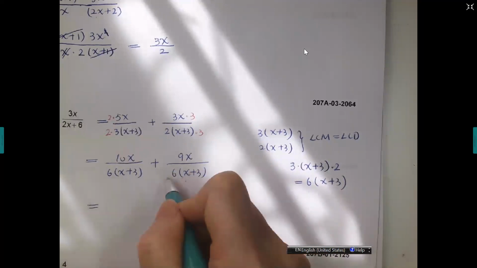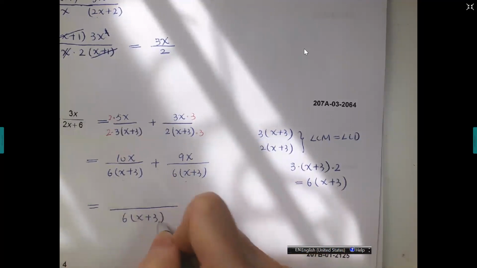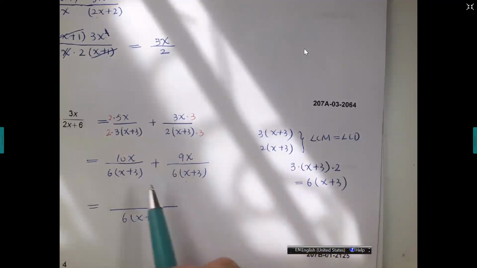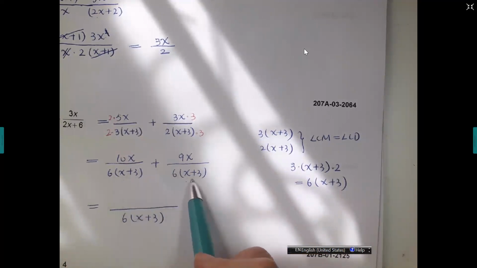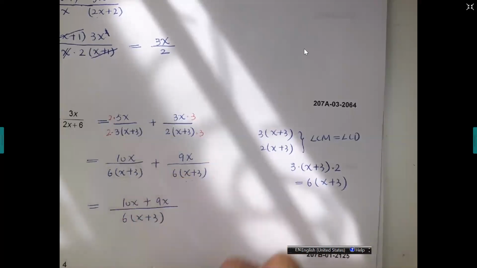To add them, we keep the common denominator. We do not multiply. Some students ask, can I just times 6 times x plus 3 again? No, keep the common denominator. Then add the two numerators, 10x plus 9x.